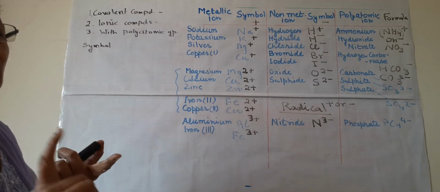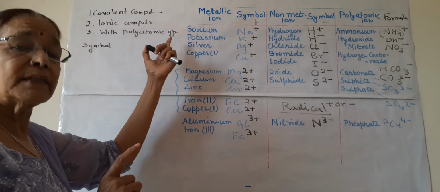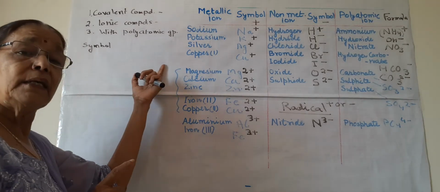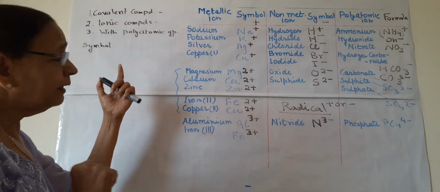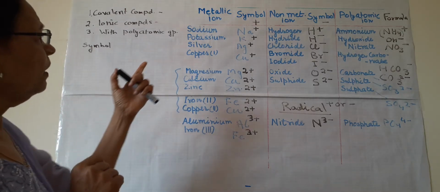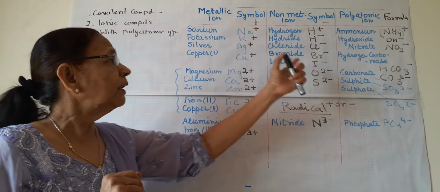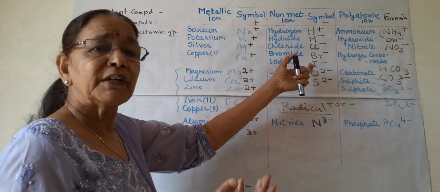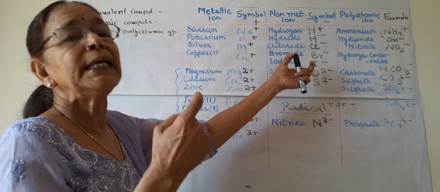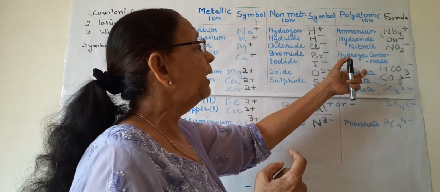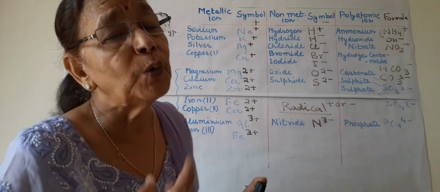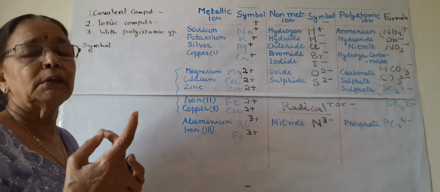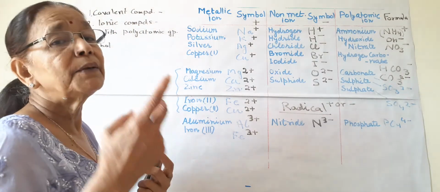I am repeating: first write the symbol, then write the valency or the charge, then make a crisscross. Second, name of the metal first, name of the non-metal afterwards with IDE. Then a bracket is put when more than one polyatomic group is present.